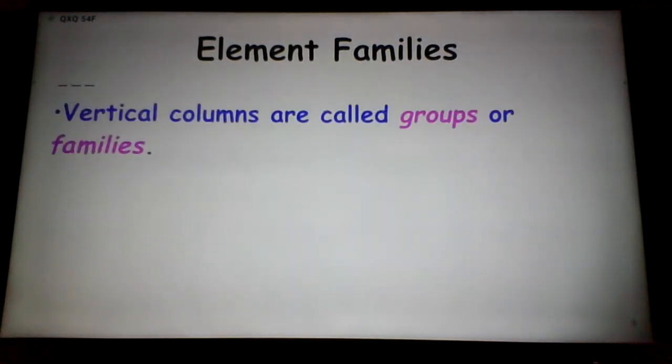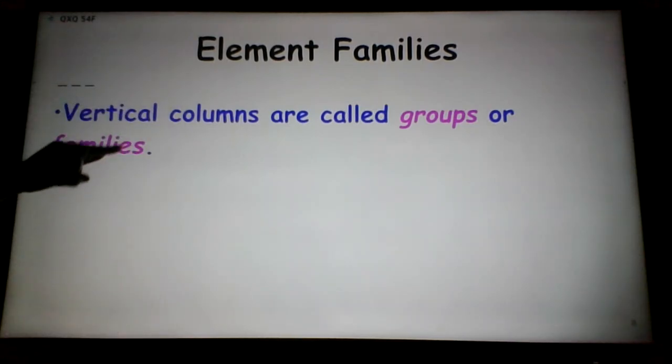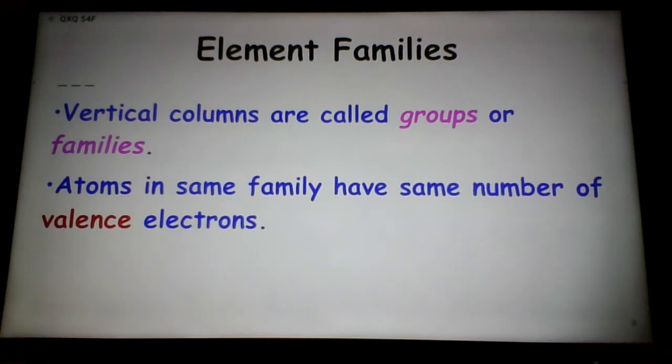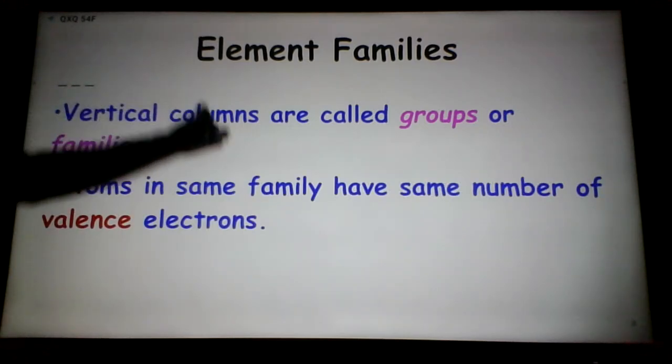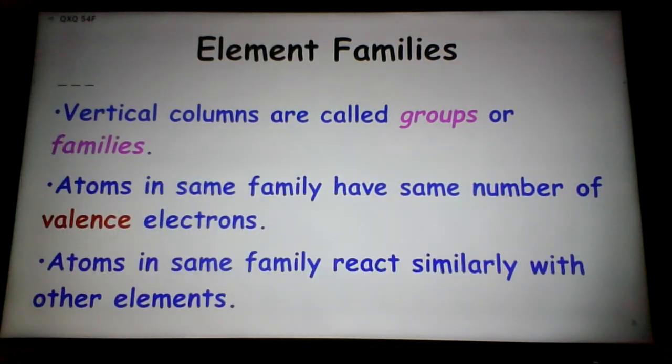Now let's look at some of the element families. Showed you a little while ago that vertical groups going down, they're called groups or families, all the columns. And it is the number that's going to help us determine how many valence electrons, especially in the A numbered groups, that each element in that group is going to have. Atoms in the same family going down have the same number of valence electrons.